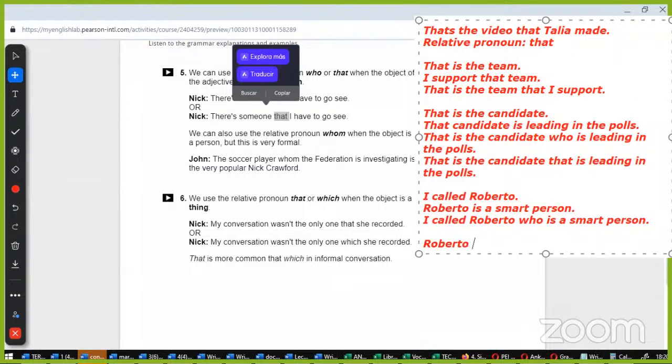But if you're trying to say Roberto, it's Roberto, whom is a smart person. Let's do it again.